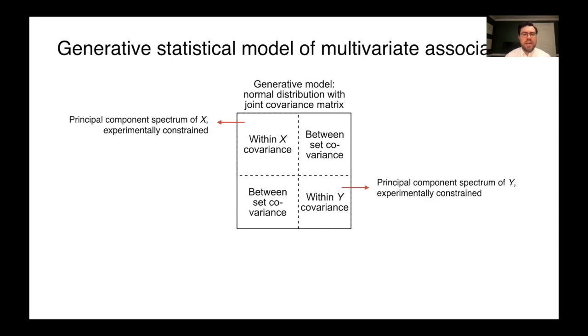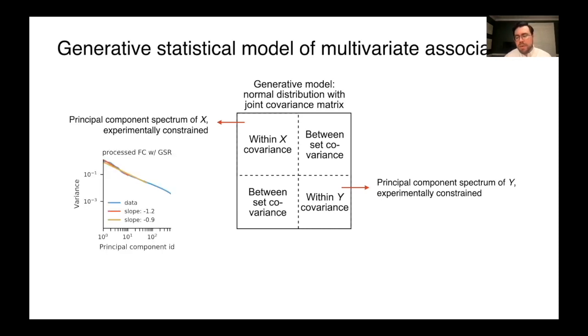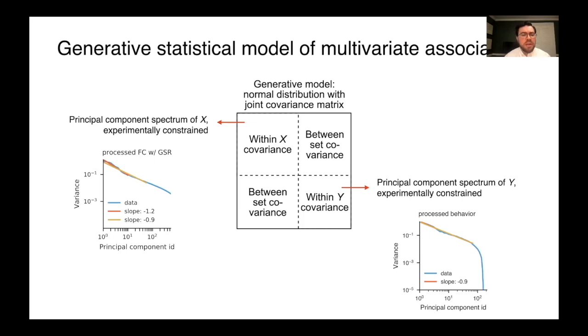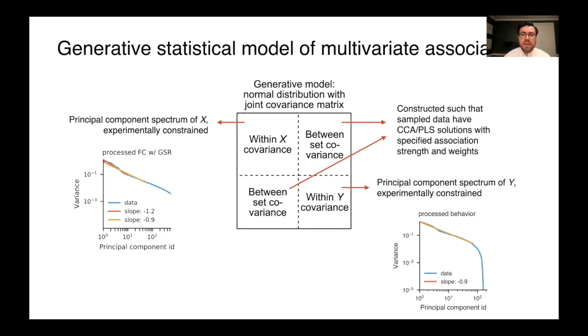First, we constrained the variance spectrum within each feature space, within, say, neural and behavioral, by empirical data. And so in this case, what we found is that the variance fall off is well fit by a power law, and therefore we can use the exponent of that decay to determine our within set covariance determined by actual data. Now for the between set covariance, here we made that such that we can constrain that with known ground truth.